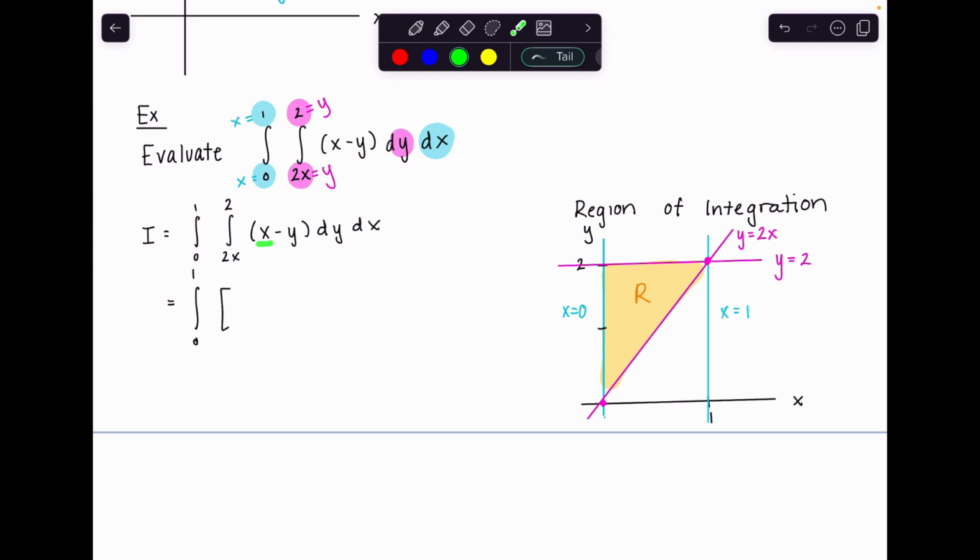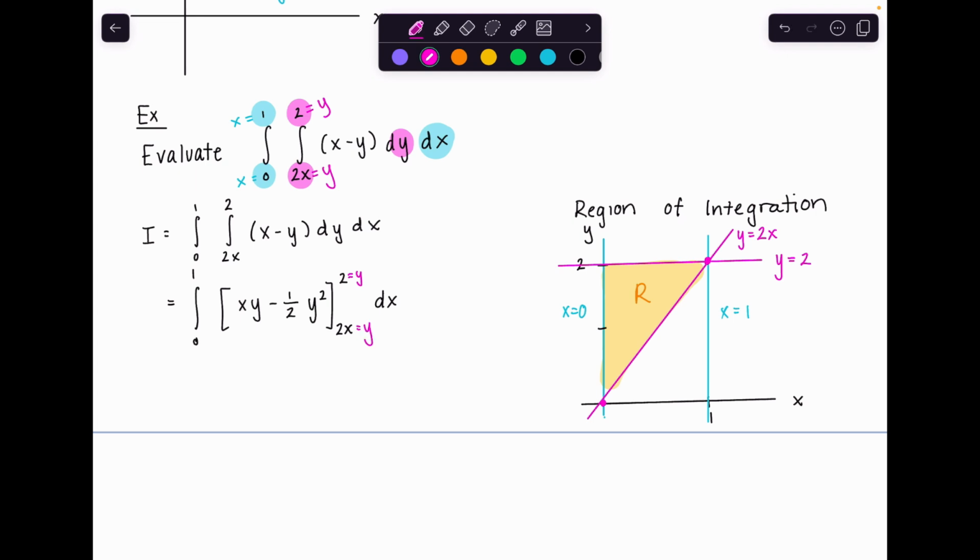So beginning, the antiderivative of x with respect to y is xy. Antiderivative of negative y is negative 1/2 y squared. And then we're going to evaluate this from 2x to 2 and then integrate with respect to x. So again, we're going to replace y by this constant and this function.